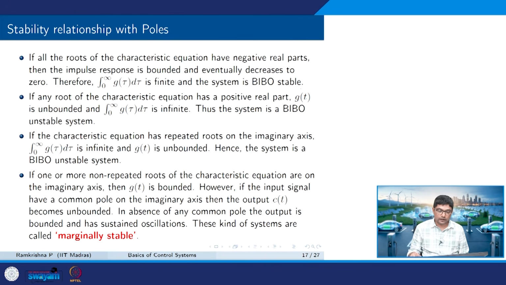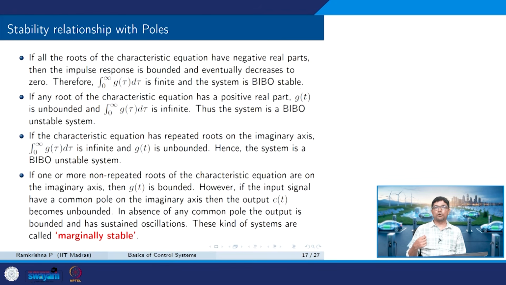Okay. So, if any of the roots has a positive real part, say I have 10,000 roots, everybody is stable, only one guy is sitting at 0.1, then also the system is unstable. We have to be careful when there are roots on the imaginary axis. One pair of roots on the imaginary axis, j omega minus j omega, will make it marginally stable, but if I have repeated roots, it will make the system unstable.